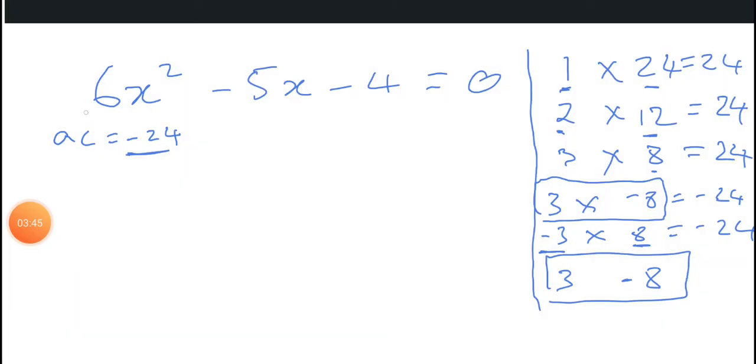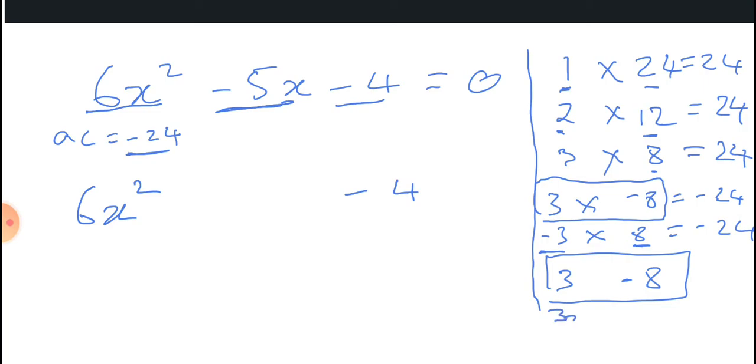Now this bit here, we'll just copy down exactly as we see it, 6x squared. The minus 4, we'll just copy down exactly as we see it. But this minus 5x will be broken down to 3x minus 8x. Can you see 3x minus 8x is equal to minus 5x.